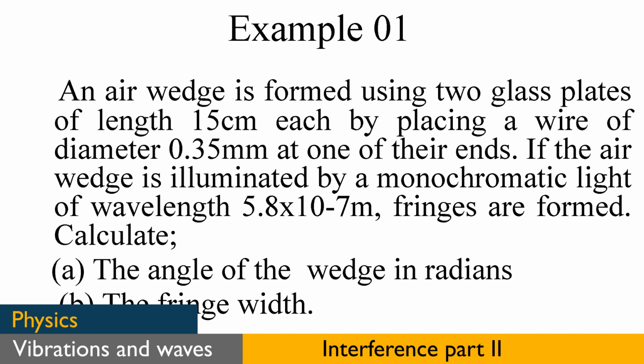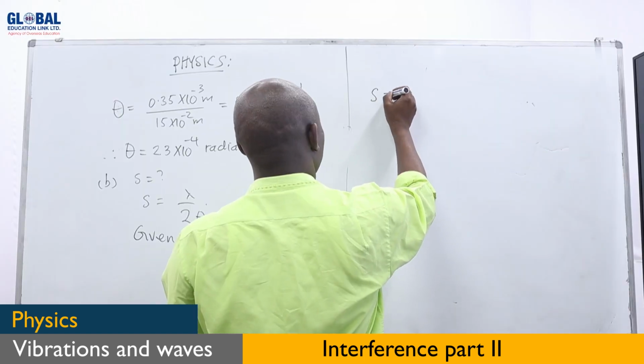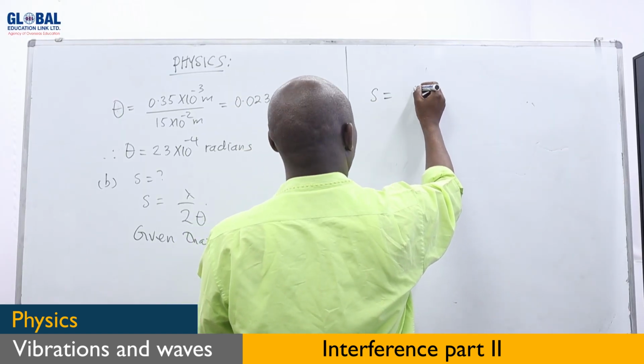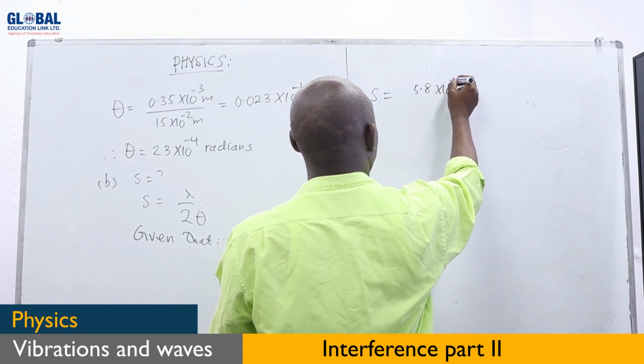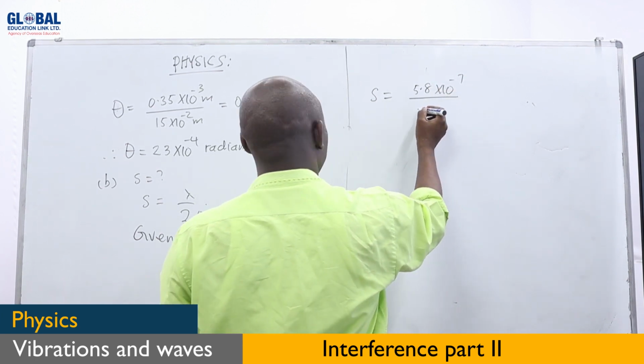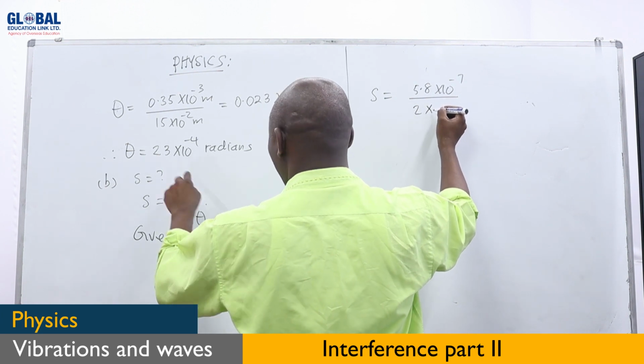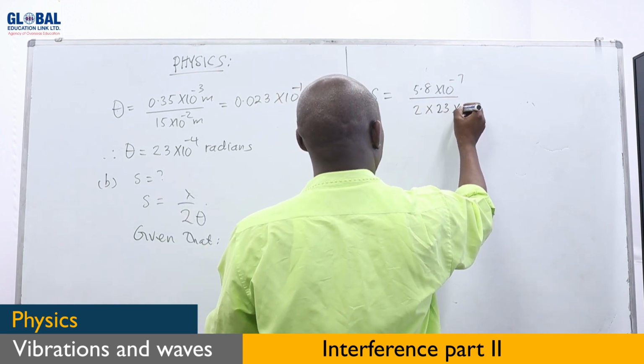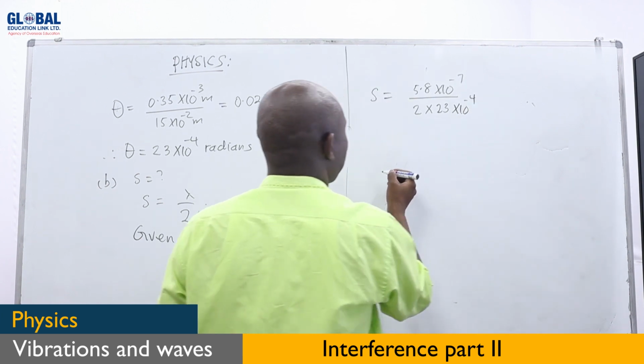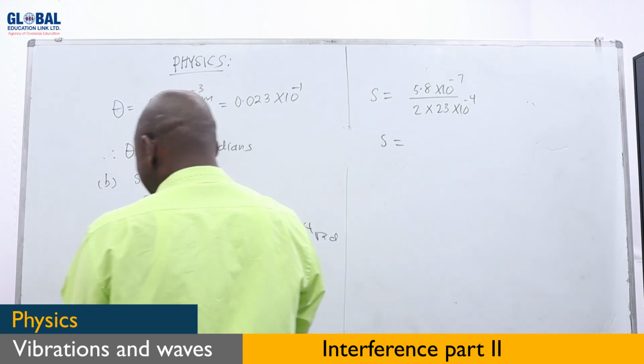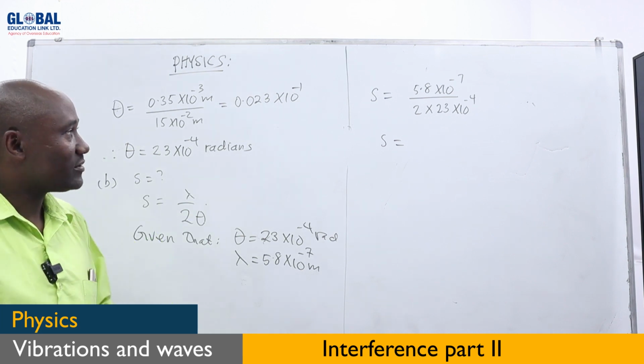You're looking for S. Plug in the values. S equals lambda, which is 5.8 times 10 negative 7, divided by 2 times this angle, which is 23 times 10 negative 4. So using your calculator, you can find the value of S.